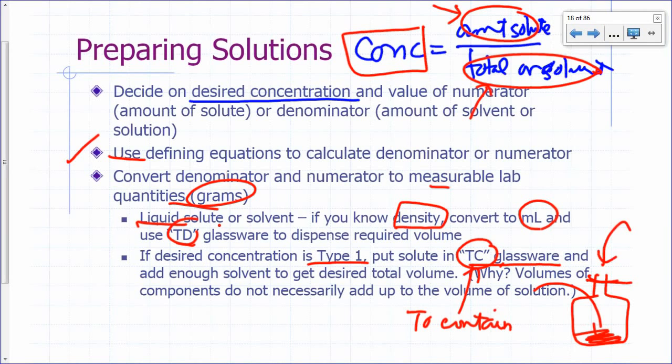Add enough water, if you're doing an aqueous solution, to get to the correct total volume. Don't make the mistake of just adding up volumes, because liquid volumes generally don't just add up to your desired volume. You have to use a piece of glassware that will actually tell you how much total volume you have.